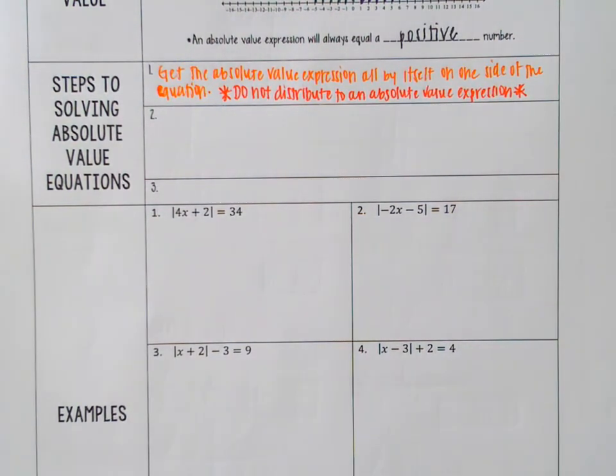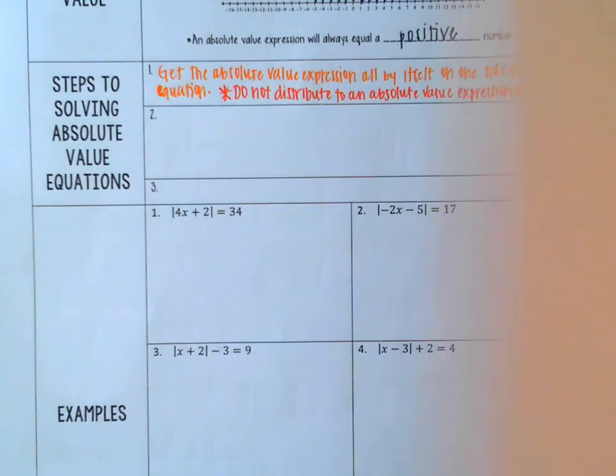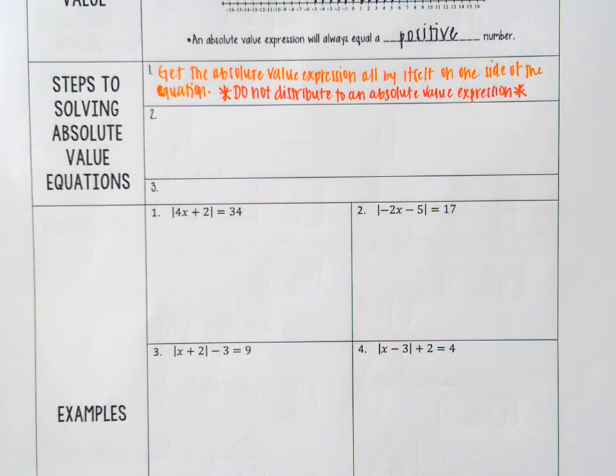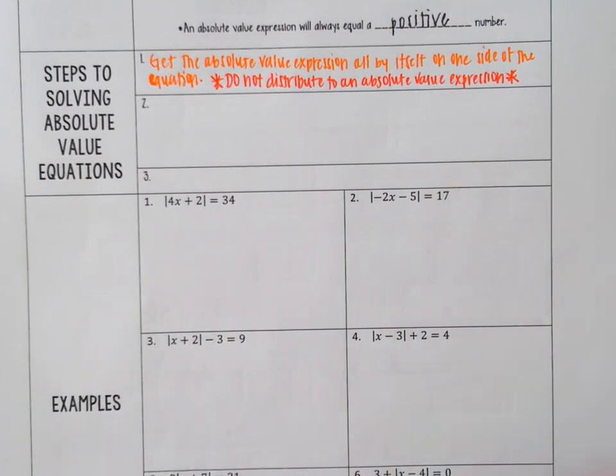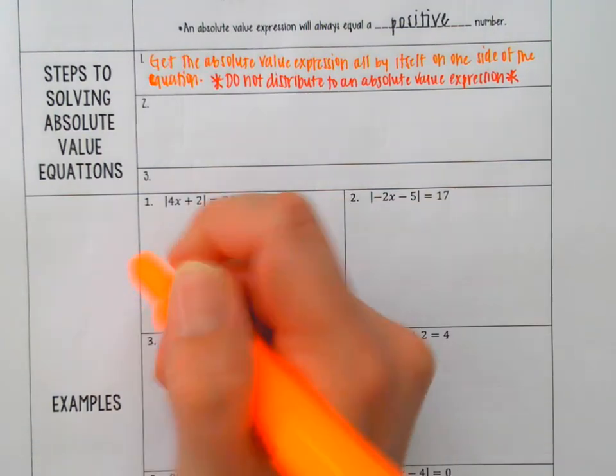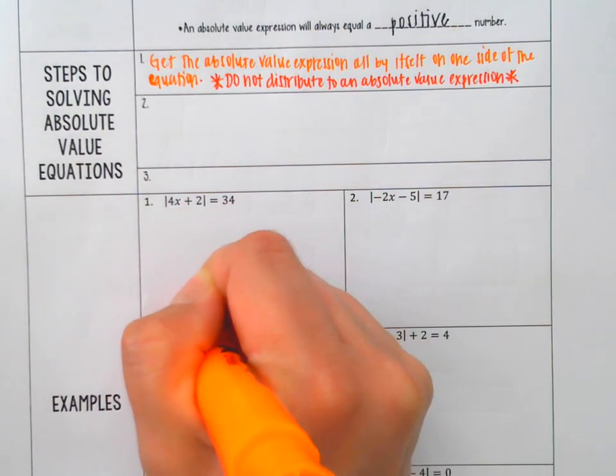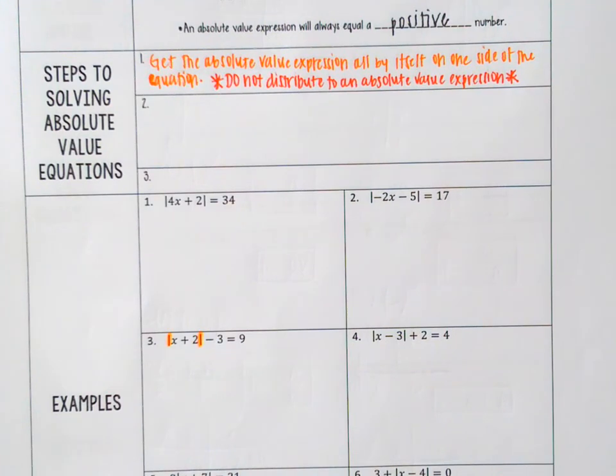Okay, so let's look at number 3. First thing is getting the absolute value expression all by itself. So I like to see what's my absolute value expression, and that is the x plus 2 part. We look and see what's on the same side of the equation, and it's the -3.